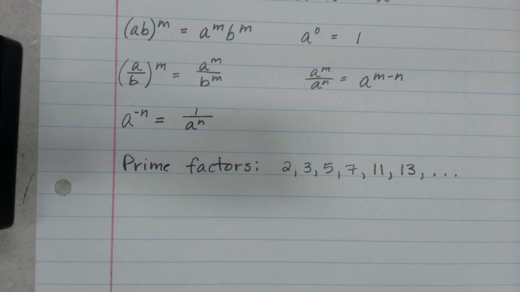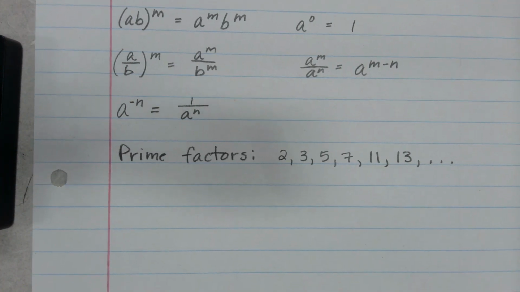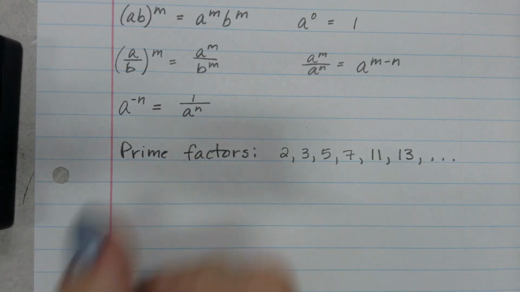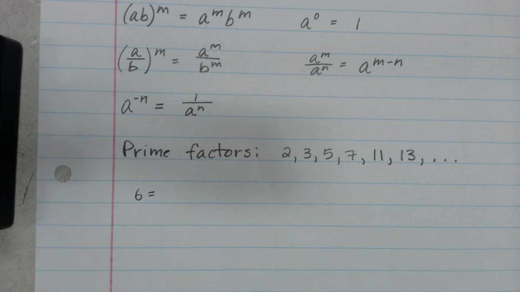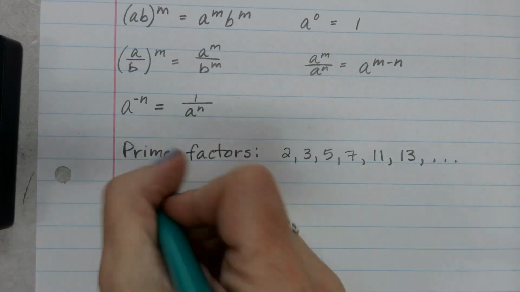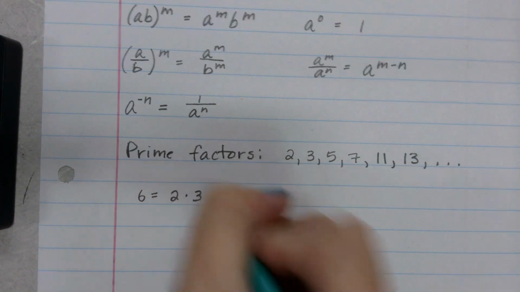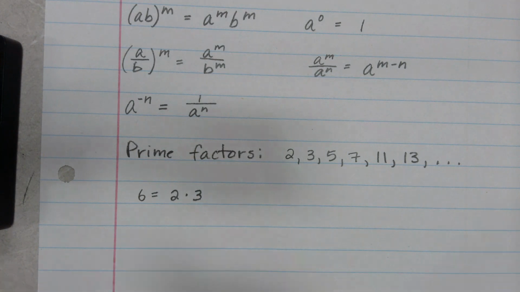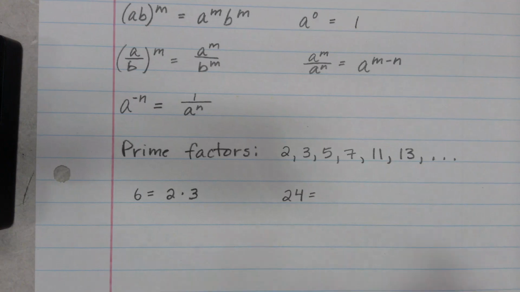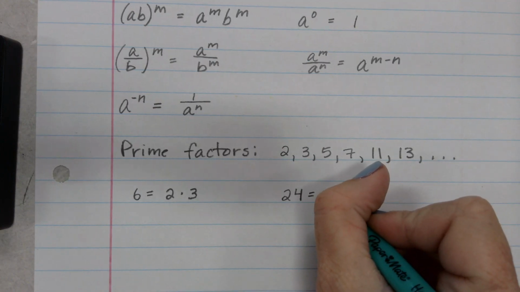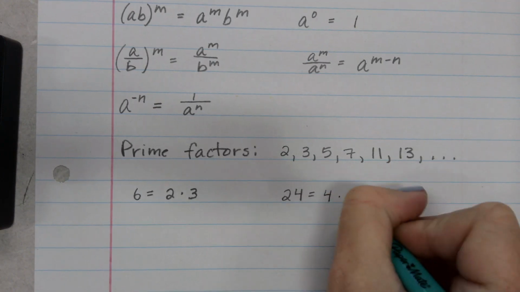So when I am talking about writing something into prime factors, if we have something like 6, 6's prime factors are 2 times 3. If we have something like 24, 24 is 4 times 6.